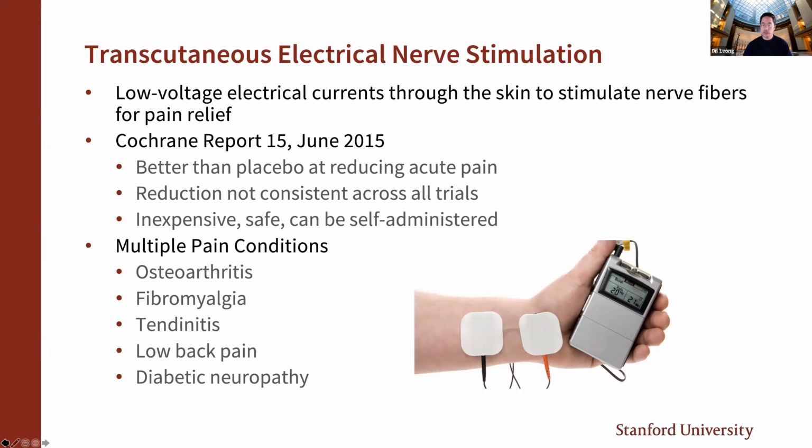So the picture down below is just one device that is actually, I think, the number one rated one on Amazon in the US, at least that I saw. There are multiple pain conditions that it's been studied in, including osteoarthritis, fibromyalgia, tendonitis, back pain, and diabetic neuropathy. It seems to have some benefit, varying benefit in each of those conditions.